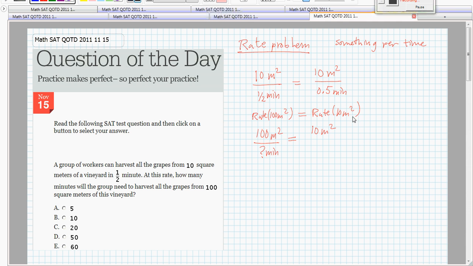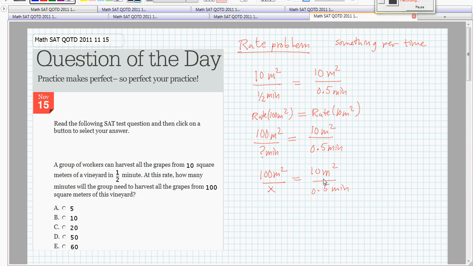Well, that's just the same as saying those fractions have to be equal. So 10 meters squared over 0.5 minutes equals 100 meters squared over how many minutes? Or 100 meters squared over x equals 10 meters squared over 0.5 minutes.